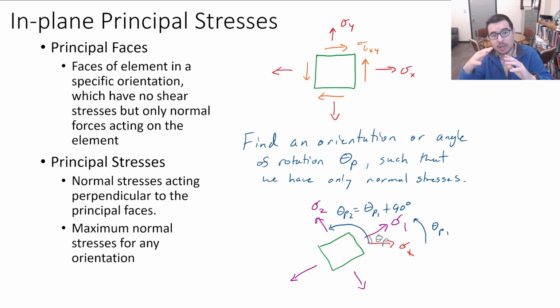With this transformation, the shear stresses go to zero, and now we have a maximum normal stress in one direction and another normal stress in another direction. And when we get to criteria, we'll talk about different aspects of what to do with these normal stresses. But this process allows us to identify maximum in-plane principal stresses.